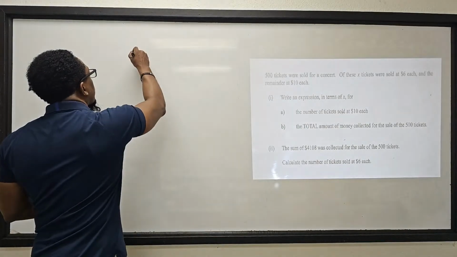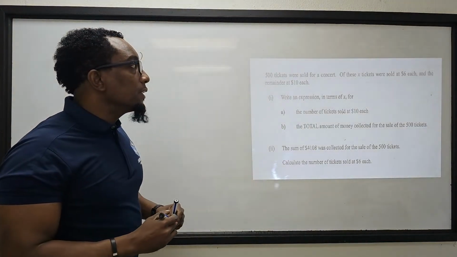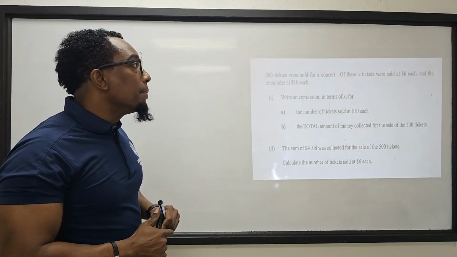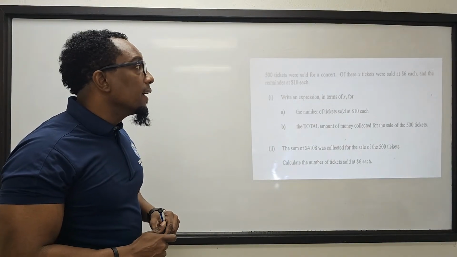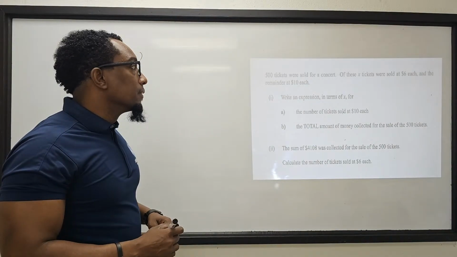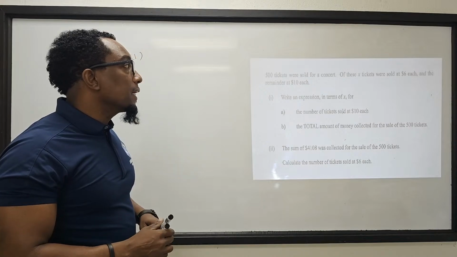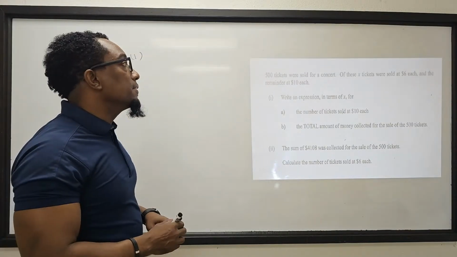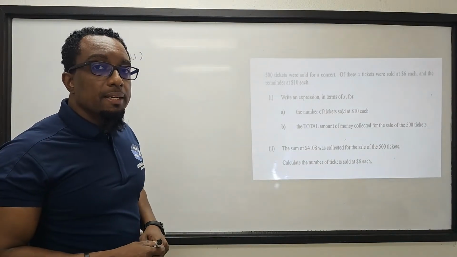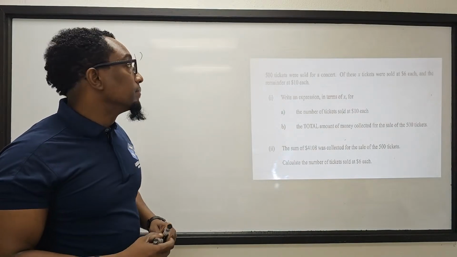Part 1. Write an expression in x for the number of tickets sold at $10 each. So the number of tickets sold for $10 each will be the remainder.